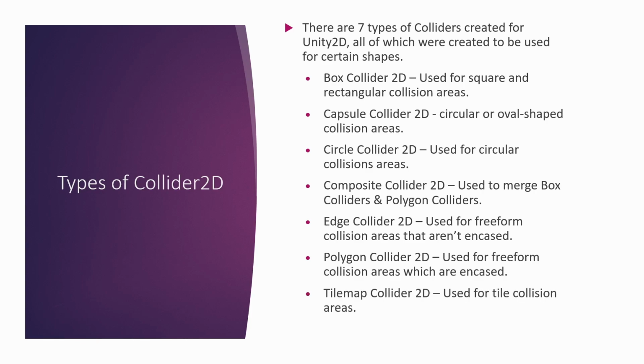And finally, we have the Tilemap Collider2D, which is used for tile collision areas. Just note that the box and circle colliders are the more performant colliders, with them both being primitive types, meaning they are simple for the CPU to process.